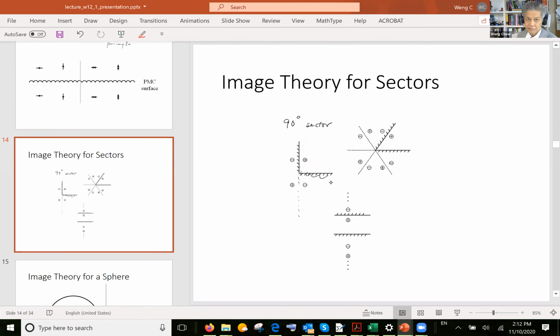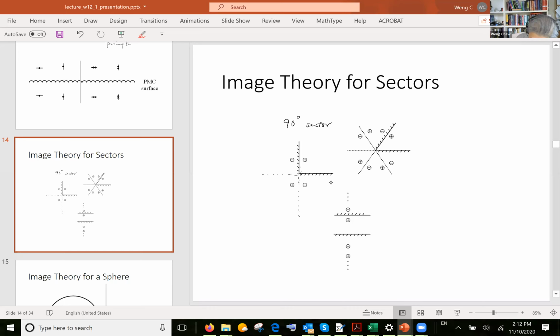You will have a positive charge at the image. But by the placement of this positive and negative charge, you know that the tangential component of the electric field is 0 on this line, just by symmetry.